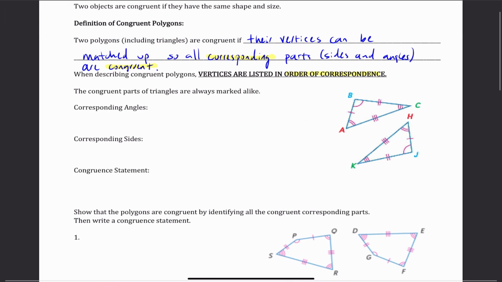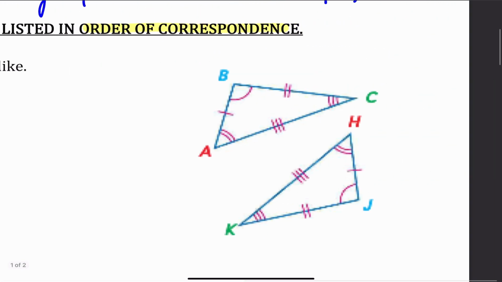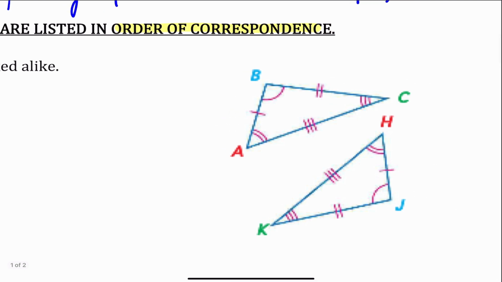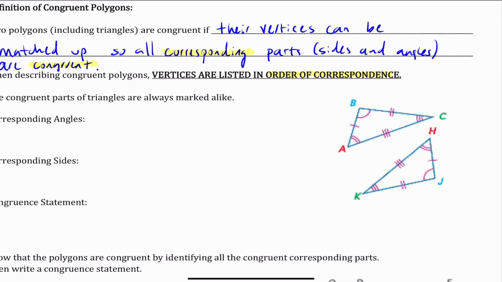Let's start off with the corresponding angles. There's one arc here for this triangle, and one arc here for that triangle. This is associated with B, and this is associated with J. Since they both have one arc there, I can say that angle B is congruent to angle J.